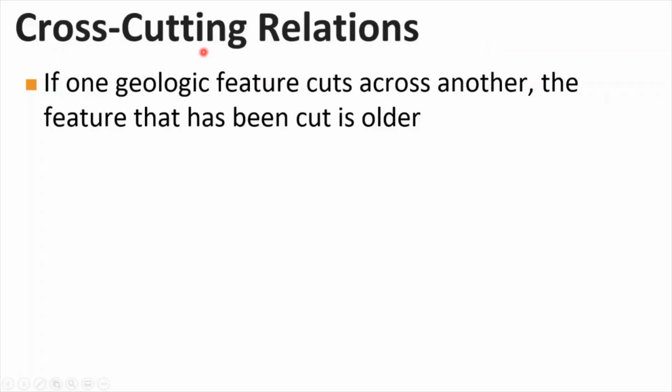The next is the principle of cross-cutting relations. This is if you have one geologic feature that cuts across another, the feature that has been cut is older, okay? A good way to think about that is a birthday cake.